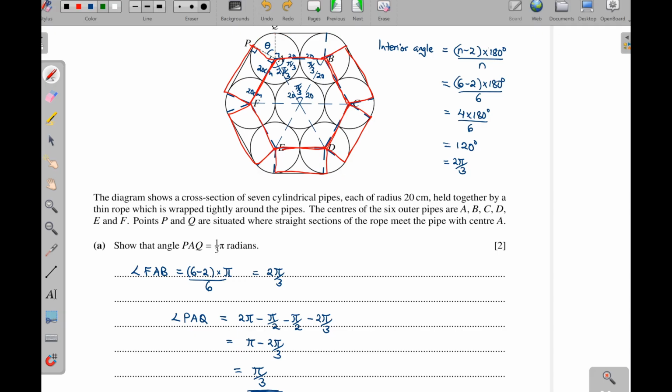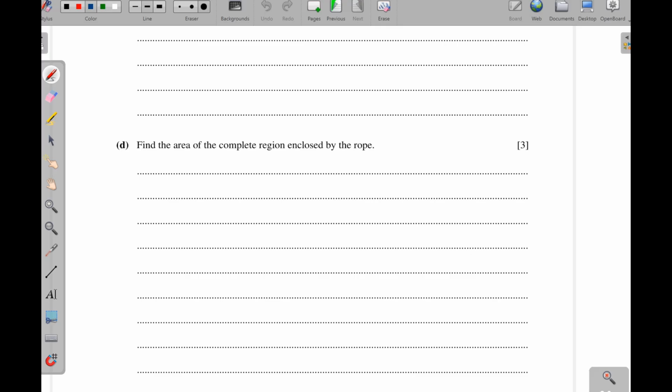So we are going to say that the total area is going to be the area of the hexagon, plus 6 times the area of the rectangle, then also plus 6 times the area of the sector.